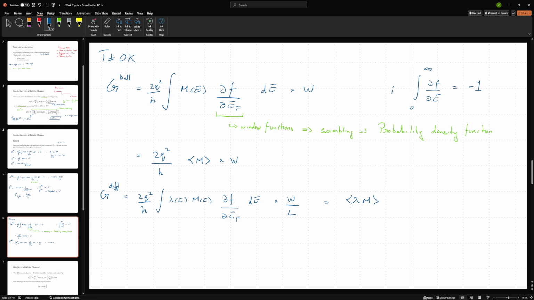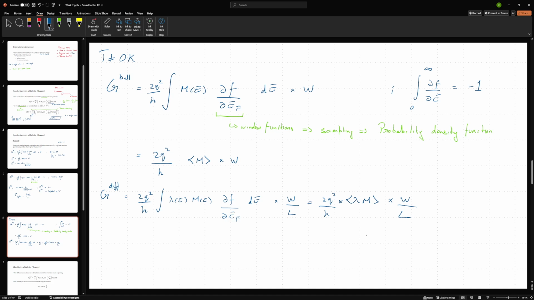So this is kind of a length dimension quantity, and to that we need to multiply, of course, the quantum of conductance. So 2q squared upon h, and then into W divided by L.